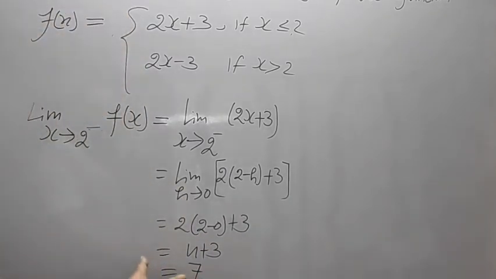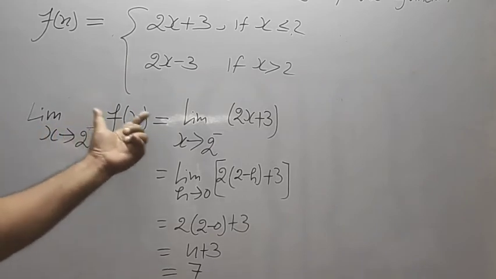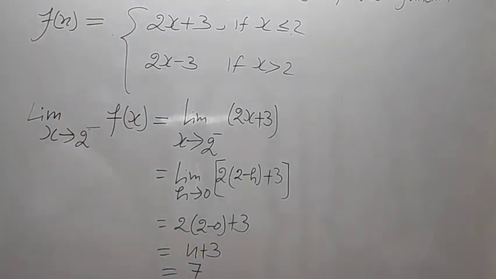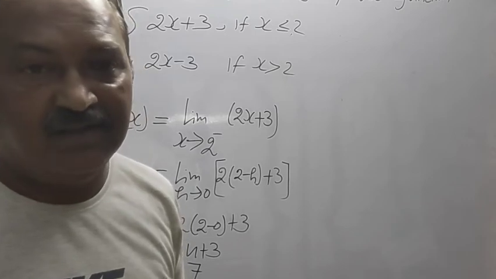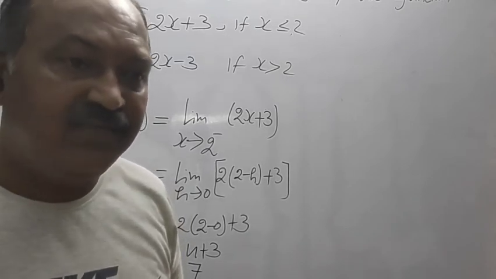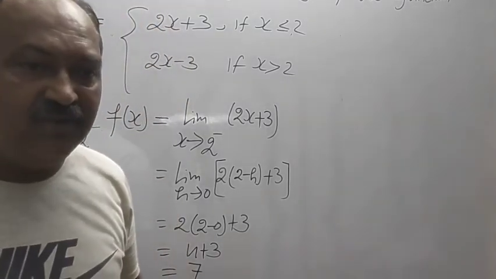So from here, it is clear that limit of x approaches to 2 minus f of x is equal to 7. But the limit of x approaches to 2 plus f of x is equal to 1. These both are not equal. Right limit and left limit values are not equal.